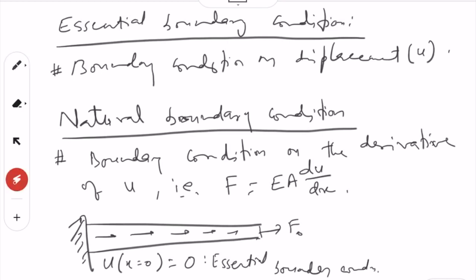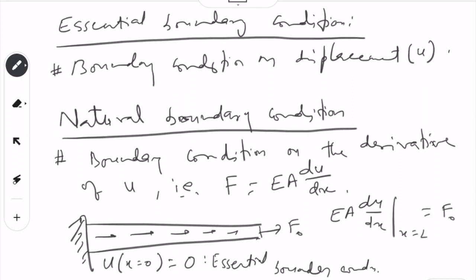Now, f naught, if you are giving it, will be the natural boundary condition. So, you will write EA du over dx at x equal to L equal to f naught.